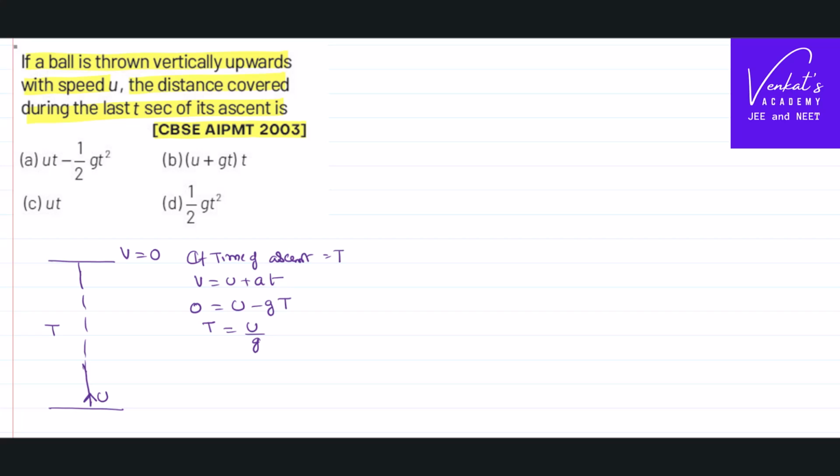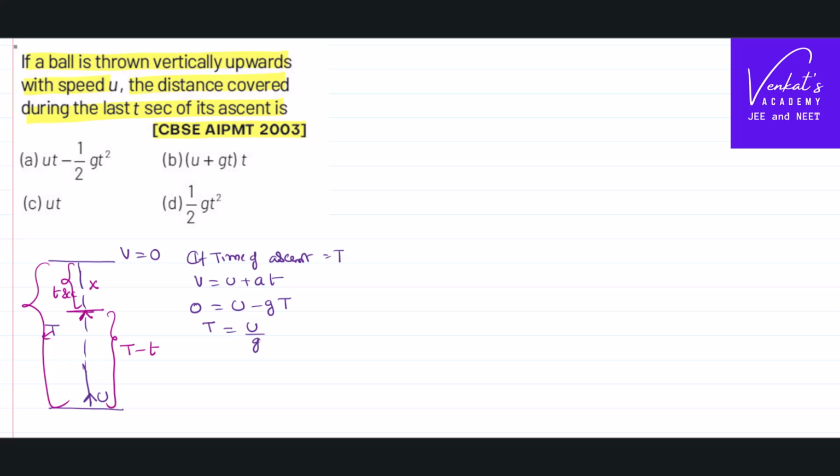Now, what he's saying is, in the last t seconds, that means in this t seconds, how much distance does it travel, that you want to calculate, right? So if that is t seconds, as the total time is capital T, the remaining time becomes capital T minus small t.